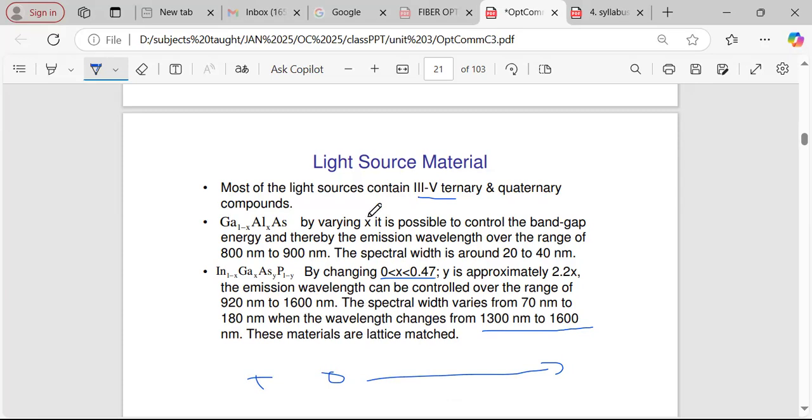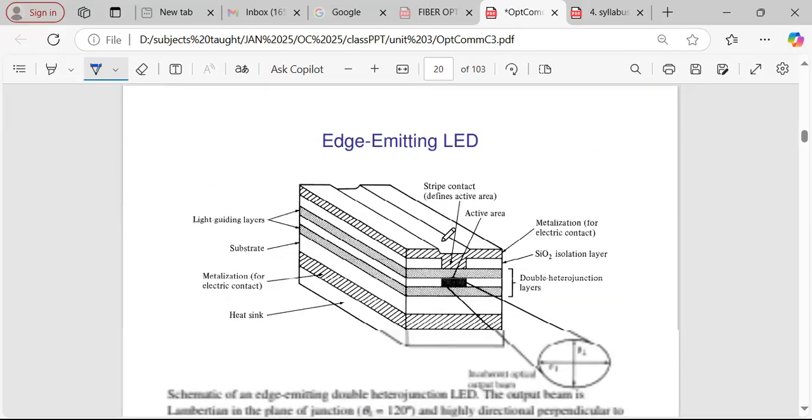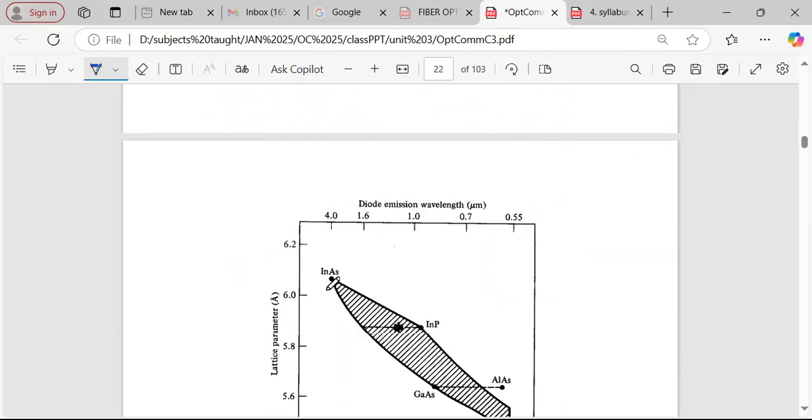So it depends on the mole fraction, on what mole proportion or mole concentration we are using the different materials to design these LEDs. So it will govern the emission wavelength.